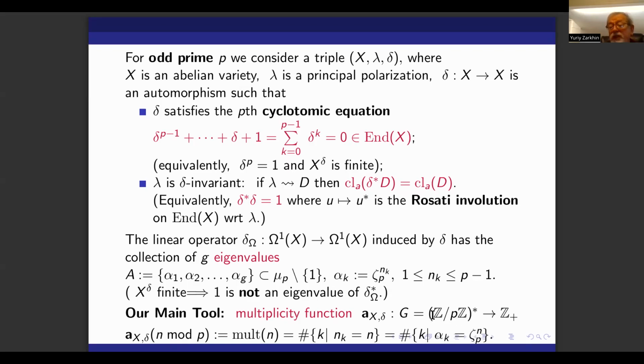So we have a linear operator with eigenvalues, and this is just a multiplicity function that counts the multiplicity of each eigenvalue. Maybe I should point out that this operator is semi-simple, so there are no Jordan blocks, just because it's periodic.